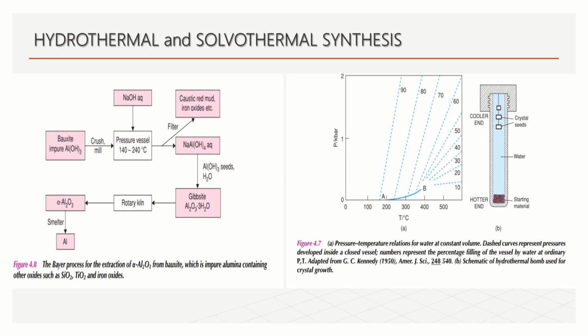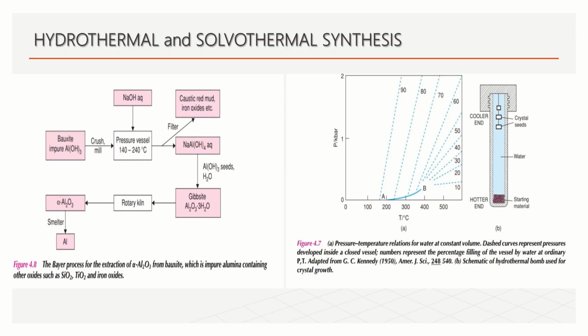Here's what happens. Bauxite, which is impure Al(OH)3, is first crushed, and it is dissolved hydrothermally in hot NaOH in a pressure vessel at 140 to 240 degrees Celsius.